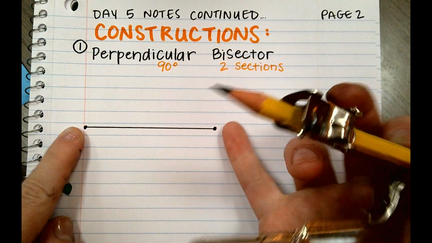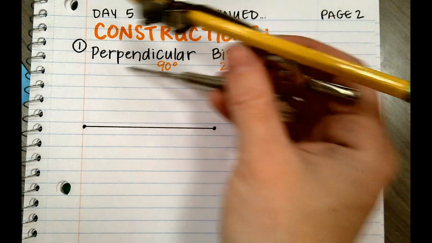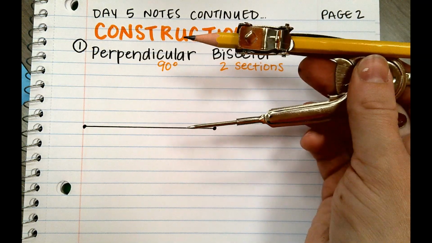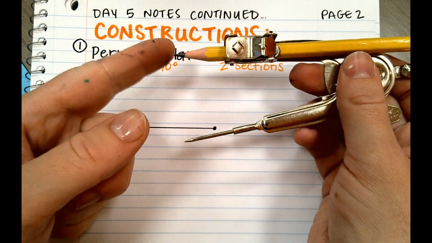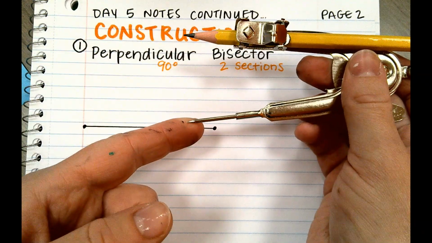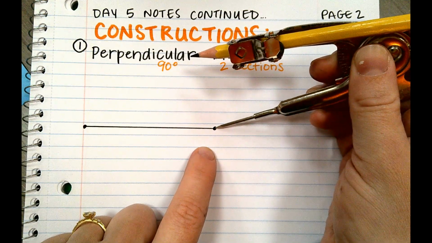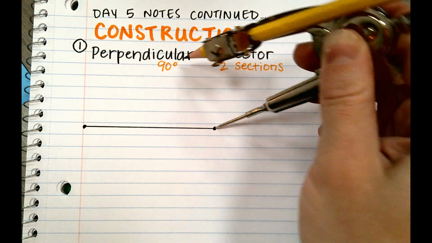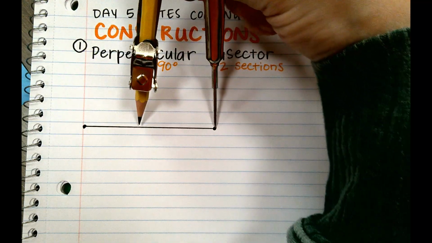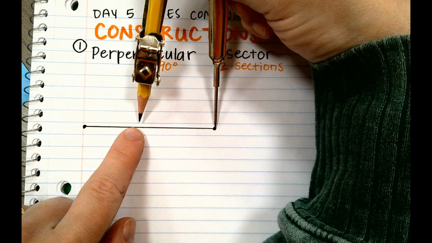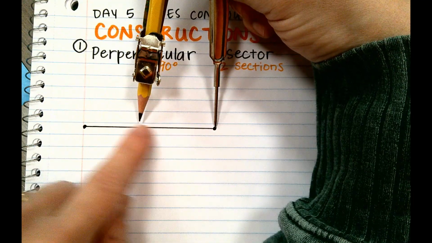So when we have our line segment, to create a perpendicular bisector, we start with our compass, and we have a pencil side and a point side. I'm going to put the point on one of my end points. And I'm going to make sure that my pencil is farther than halfway.